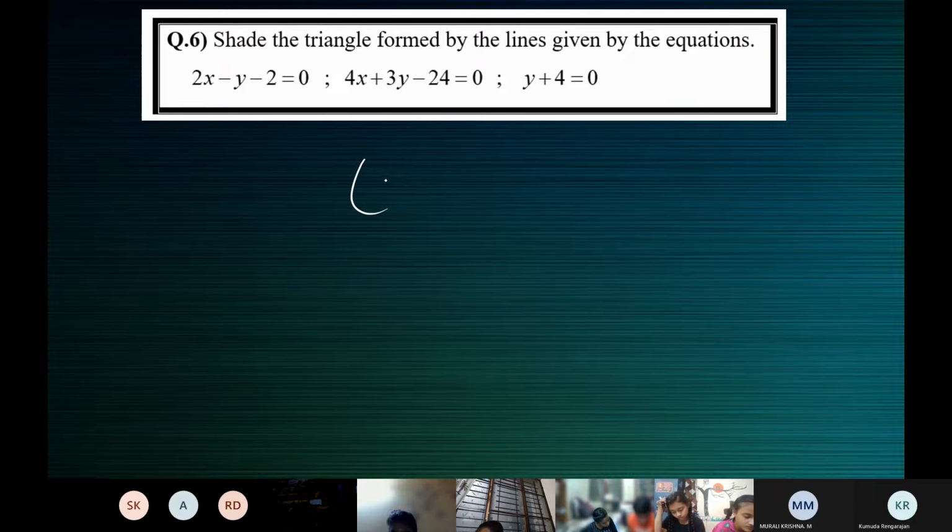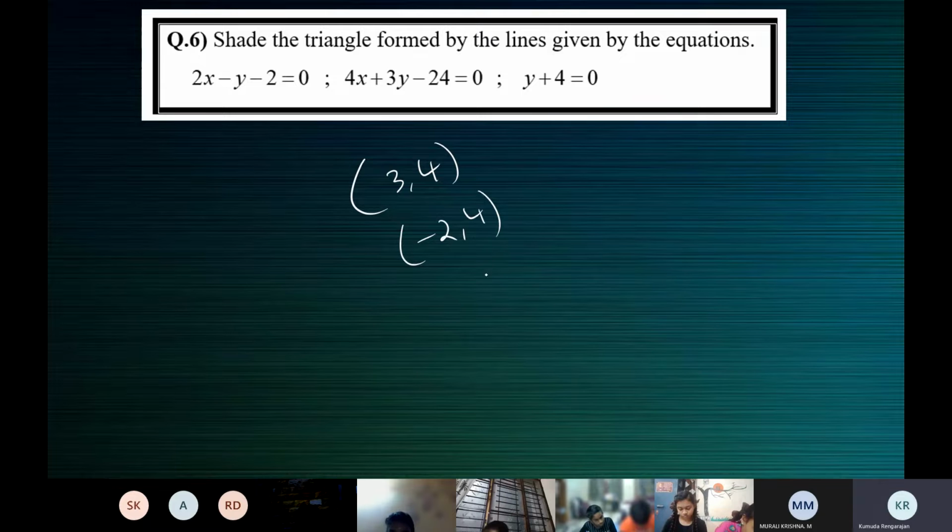For A, 3, 4, ma'am. And for B, -1, 4, ma'am.